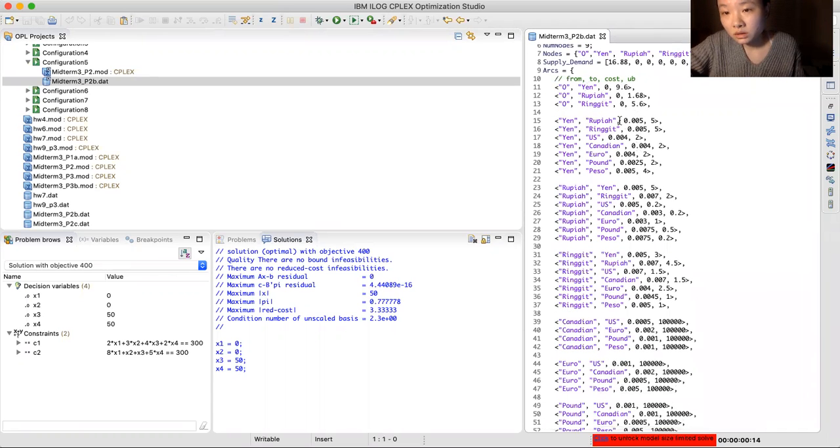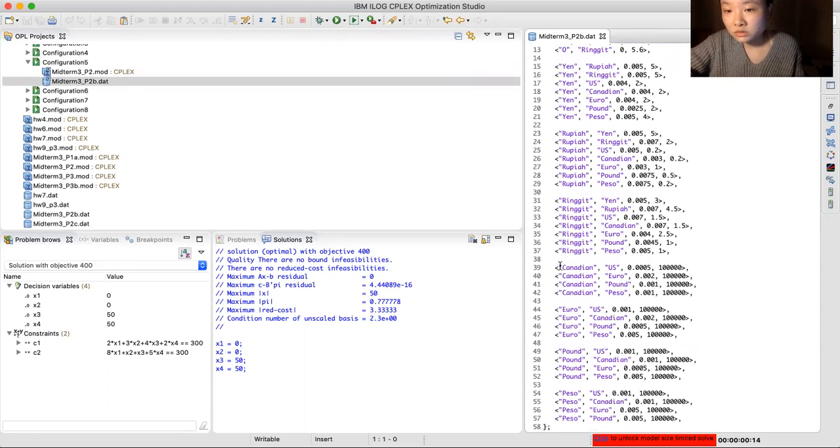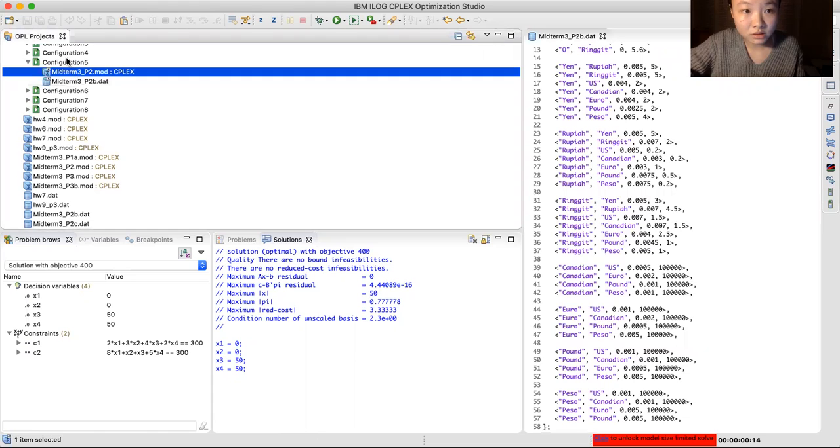It's shown here that this is a cost, and the UB means the transaction limits. I plug in all the numbers from table 3, divided by 1000. There are no transaction limits from Canadian dollars, euro, and the others to US, so I set them to a really large number, which means there are no transaction limits. And then I run the code.